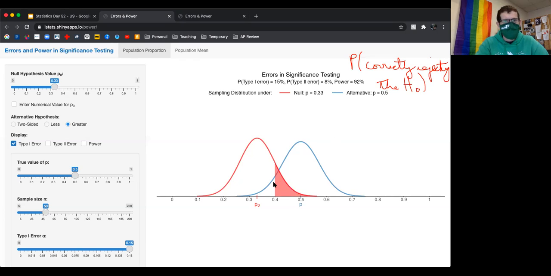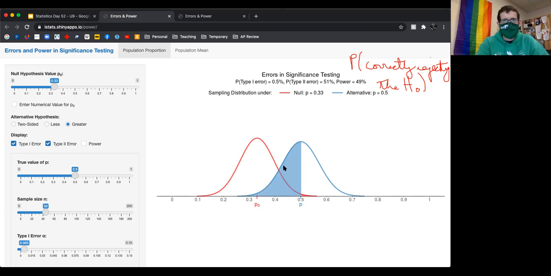And I can say it this way. The easier it is for me to reject the null hypothesis, the harder it is for me to fail to reject it incorrectly. So, yes. And that's how they're related. In fact, let me show you the type 2 error. That'll help to see. So I'm going to go from the lowest one.